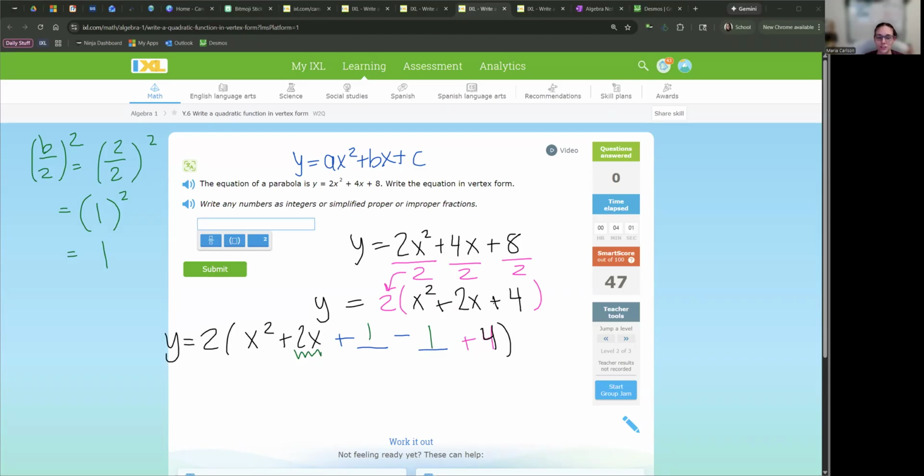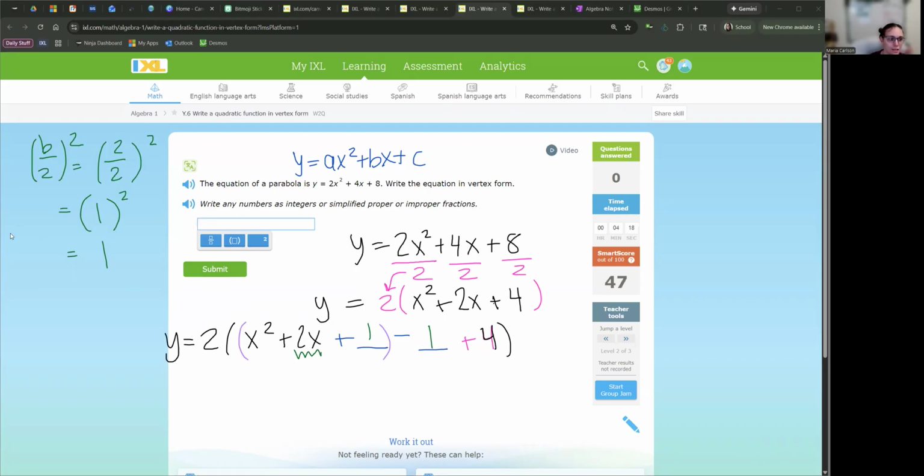Now here's where it gets a little bit interesting, right? Because I have a 2 being multiplied to everything, but I want just the x squared plus 2x plus 1 to be grouped together as a perfect square.